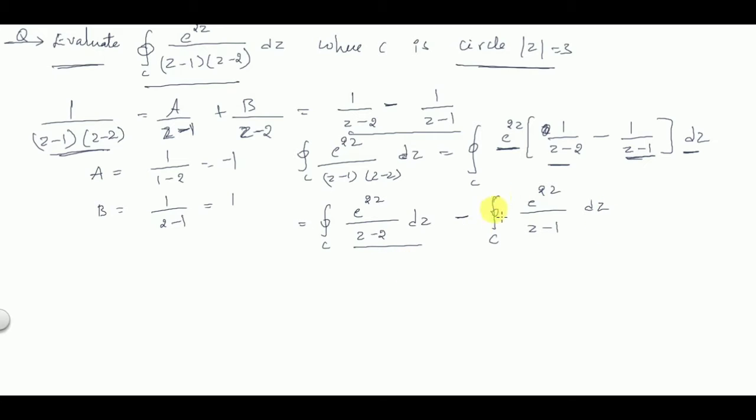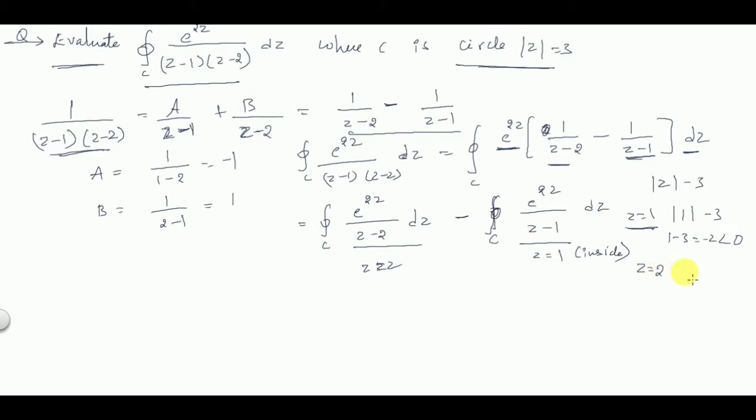Now this is of our standard form to apply Cauchy's integral formula. Here the singularity is Z equal to 2, and here the singularity is Z equal to 1, and the contour is |Z| = 3. For Z equal to 1, the modulus of 1 is 1, which is less than 3, so Z equal to 1 is inside the contour.